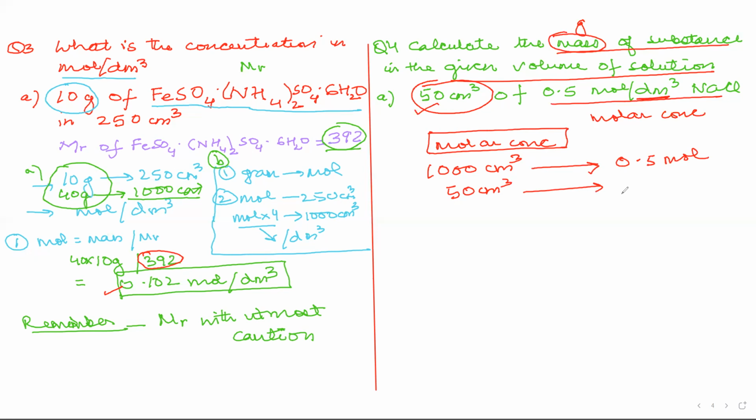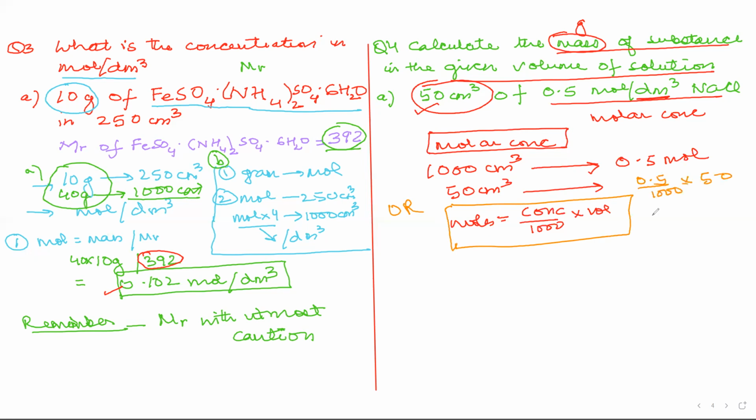We can straight away use a formula, that's concentration divided by 1000 multiplied by volume, in order to get the moles. Either we can use this or we can go for the formula. If we are doing it by reasoning, then we will be doing 0.5 divided by 1000 multiplied by 50, which is the same.